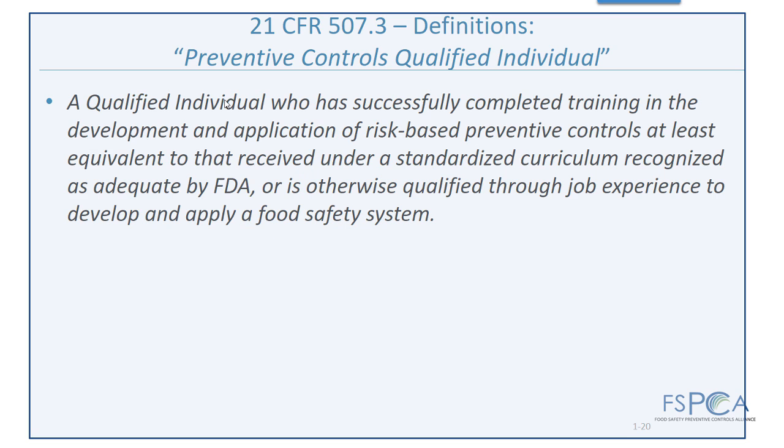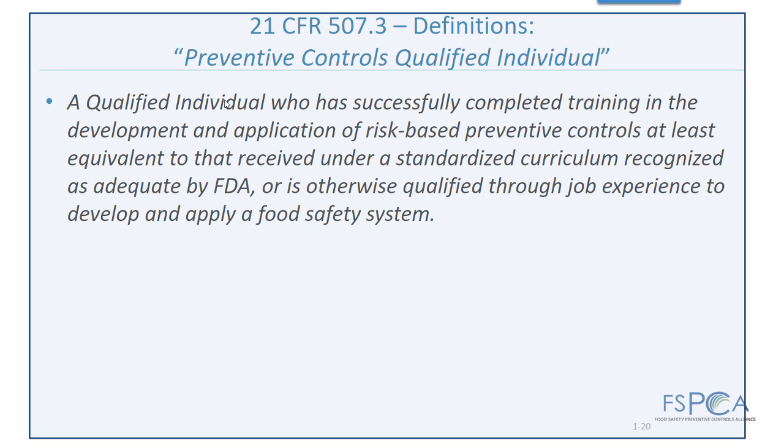Now, in the introduction to this class, I promised you that you would become a preventive controls qualified individual. And we can see through this definition why that is. This curriculum we're going through is the standardized curriculum recognized as adequate by the FDA to show that you understand food safety systems and can develop and apply risk-based preventive controls.